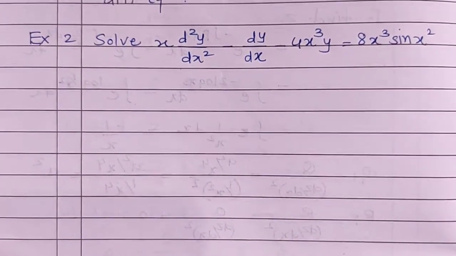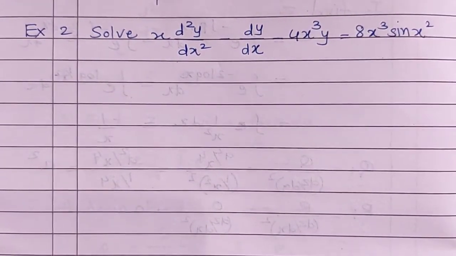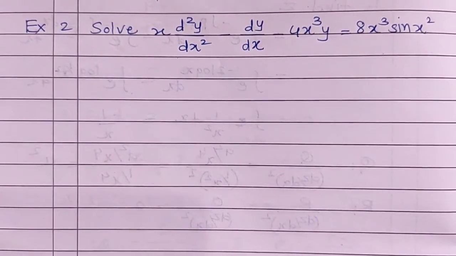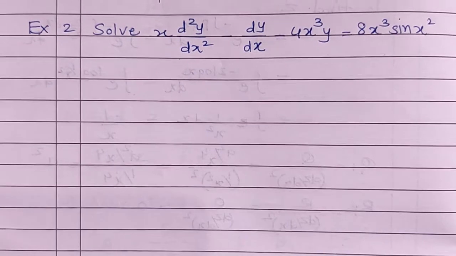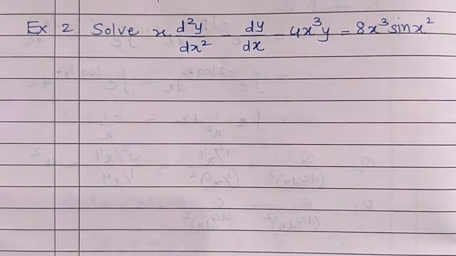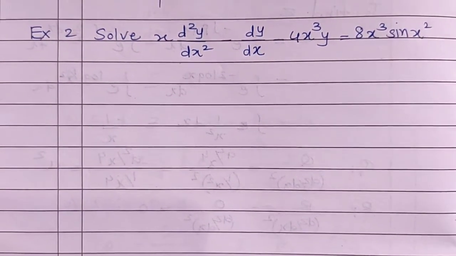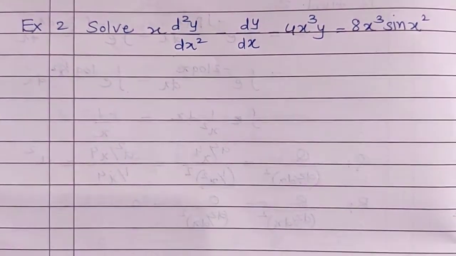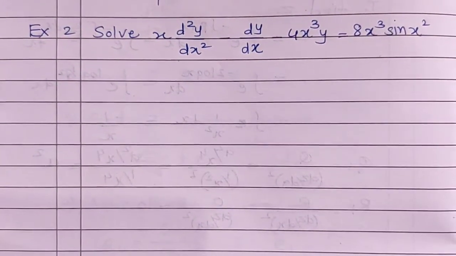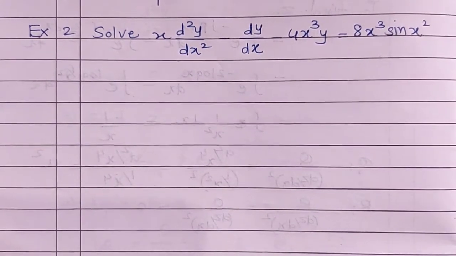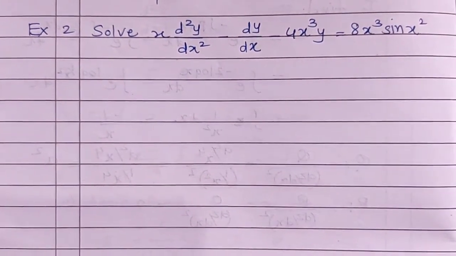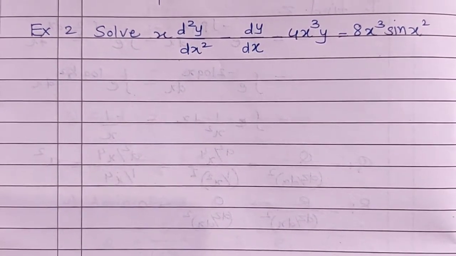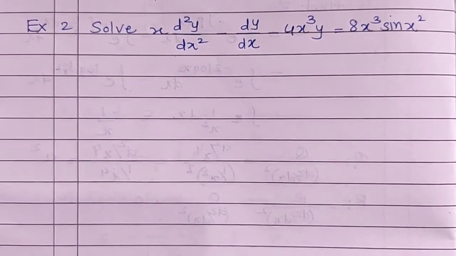By the steps, first we have to write the given differential equation in the general form of a linear differential equation. This given differential equation is not in the general form, so we divide by x to convert it into the general form.